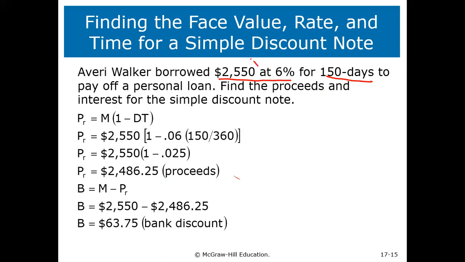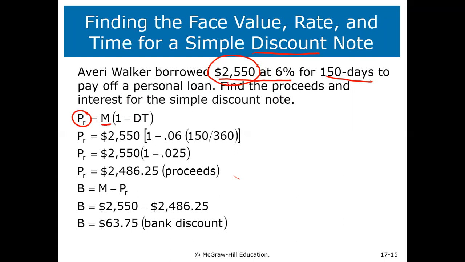This is the amount borrowed. However, recall that for a discount note, we will not be getting this. What we will be getting, the proceeds, will be based on the maturity value. The maturity value is this 2550.